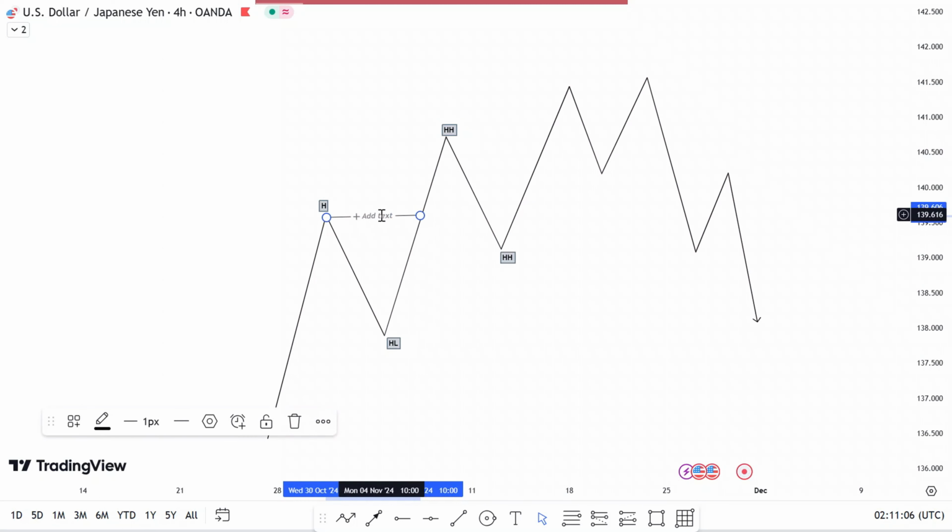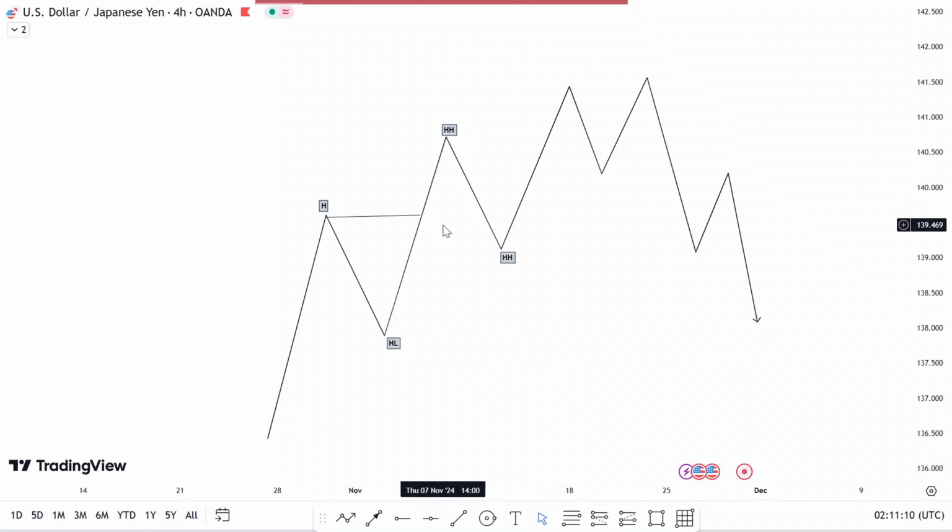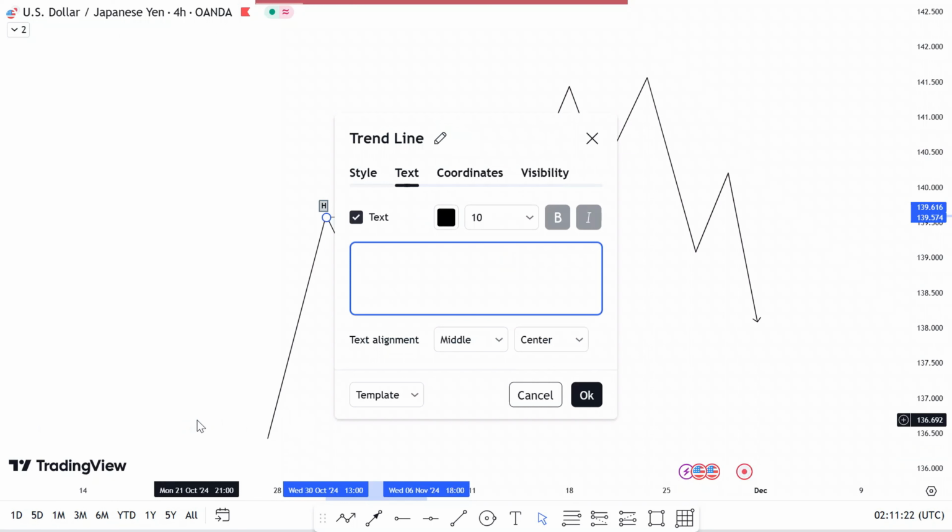The reason why it's a break of structure is because the market keeps following a trend, which means if the market is in a downtrend, it keeps going down, and if the market is in an uptrend, it keeps going up. So that's why this place is known as break of structure, and for short you can call it BOS.